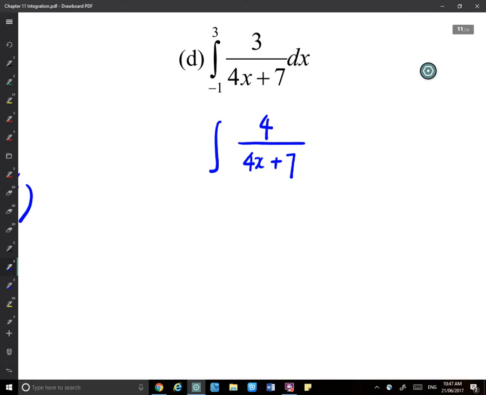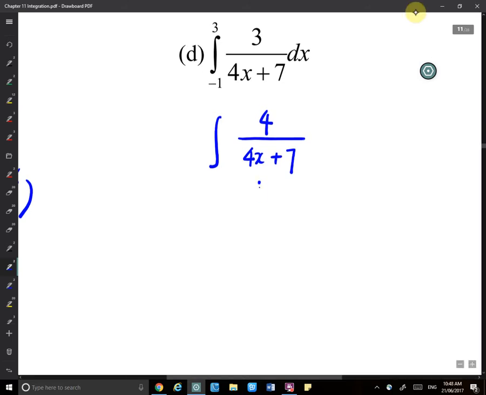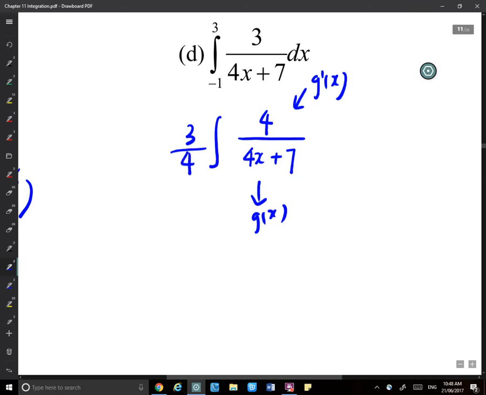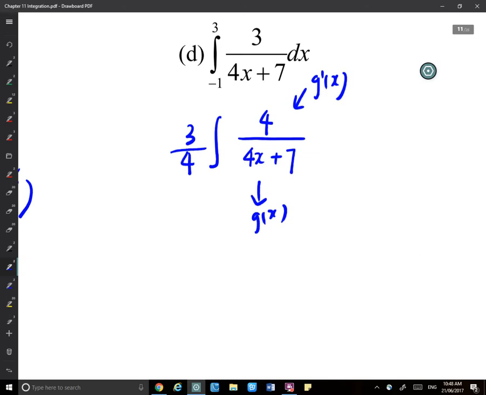g dash x over g x, that's log. You need g dash x on the top. That is g x. That is g dash x. And don't forget, you have a 3 as well. The 3 will put outside. And you times the 4 onto this function, which is not making sense, so you need to divide the 4 as well. So that is still a 3. 3 over 4 times 4, that's still a 3.